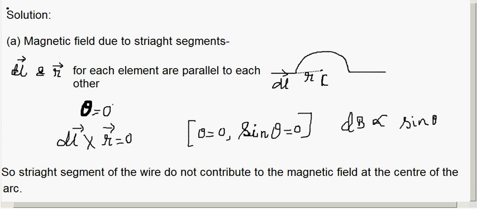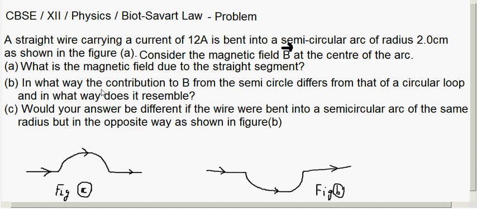Now what is the second question? In what way does the contribution of B from the semicircle differ from that of a circular loop, and in what way does it resemble?